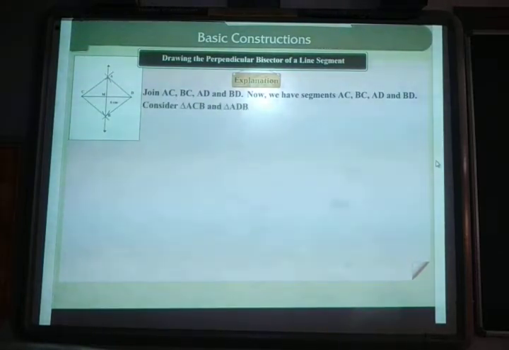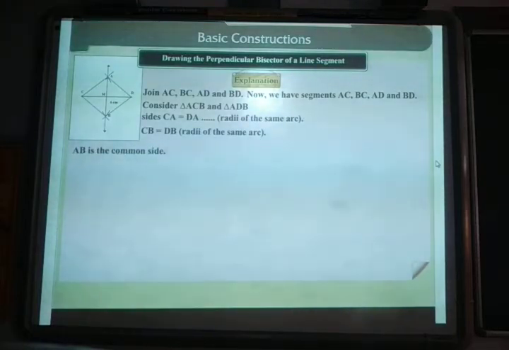Consider triangles ACB and ADB. We see that sides CA and DA are the radii of the same arc and hence equal. Similarly, CB and DB are the radii of the same arc and so they are equal.